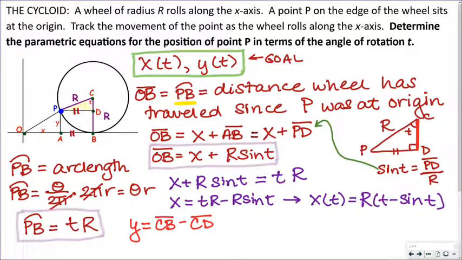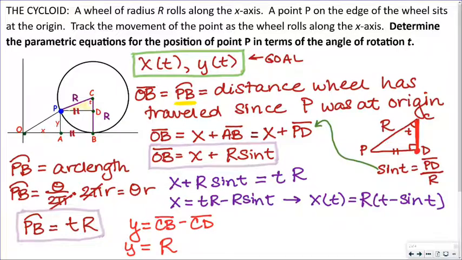I can write a cosine function involving line segment CD. First of all, CB is the radius of that circle, so that's just capital R.